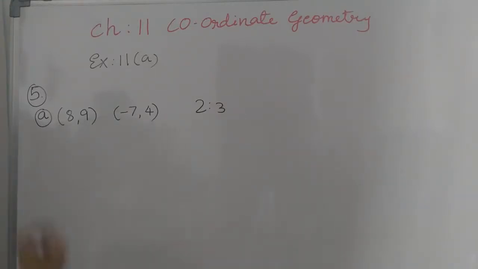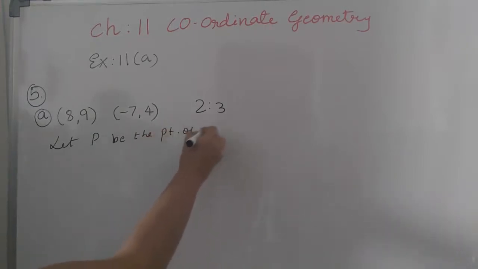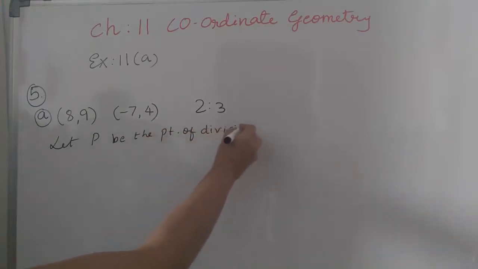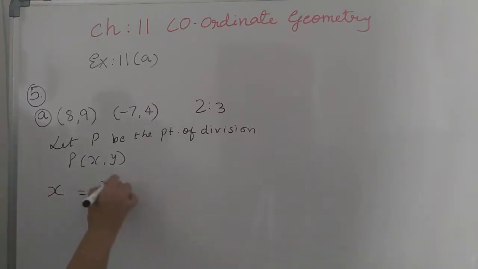So here let P be the point of division, whose coordinates are P (x, y). Now we want to find the x and y coordinates here. For that we have the section formula. Already I explained it to you in video number 1 of this chapter. So first of all I write the x coordinate, that is (m x2 plus n x1) upon (m plus n).